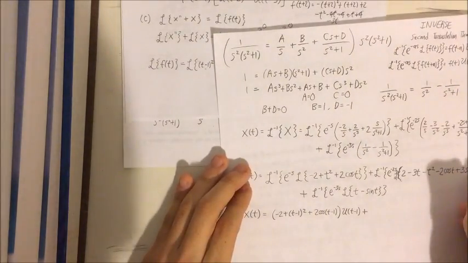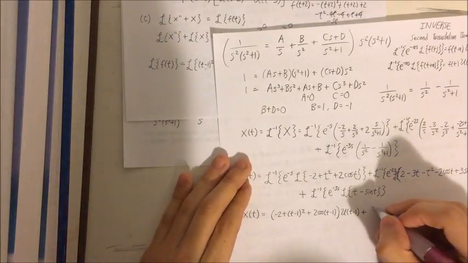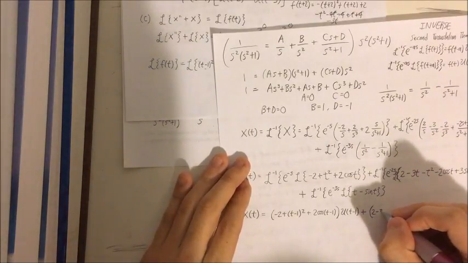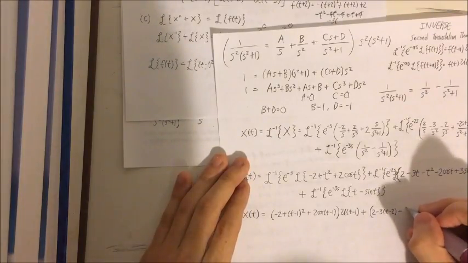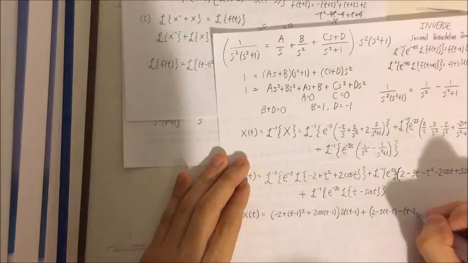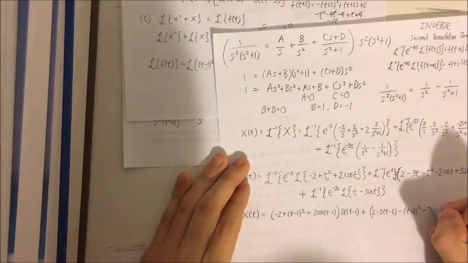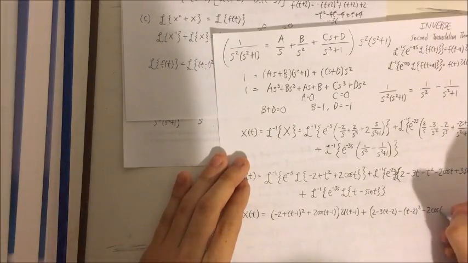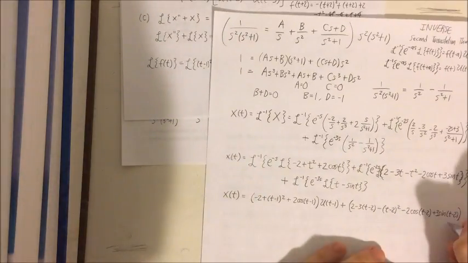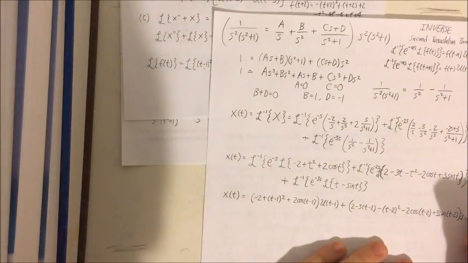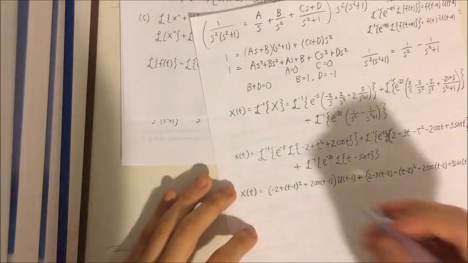Next, this is going to be this evaluated at t minus 2, so 2 minus 3 times t minus 2, minus t minus 2 squared, minus 2 cosine of t minus 2 plus 3 sine of t minus 2, times, let's squeeze it in here, unit step of t minus 2.